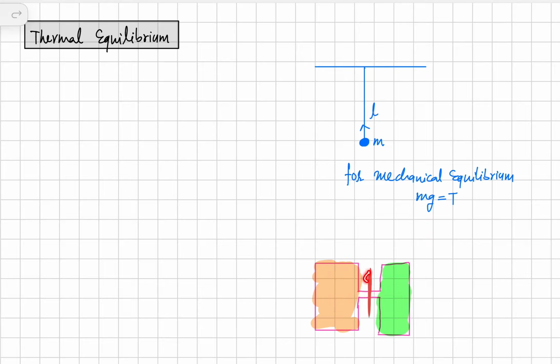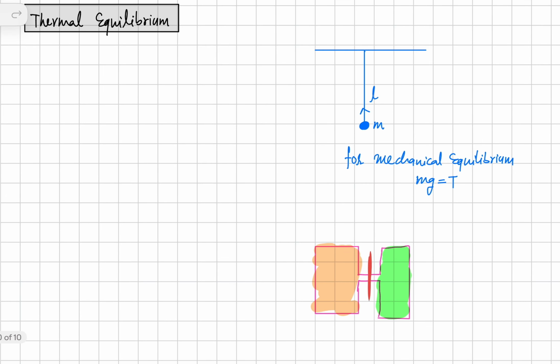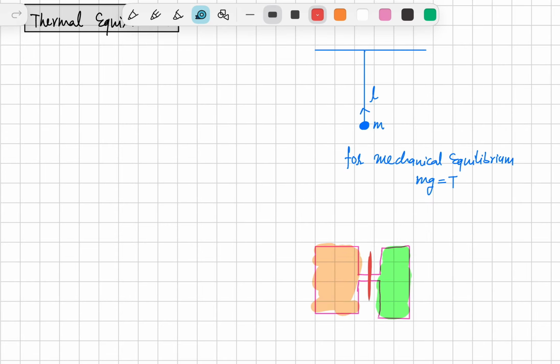This valve can move: suppose the force from this side is very high, it will go here, and if the force is high from the other side, it will go there, right? After maybe some 10 minutes, it will stop moving, and that situation when it stops moving is called mechanical equilibrium condition.